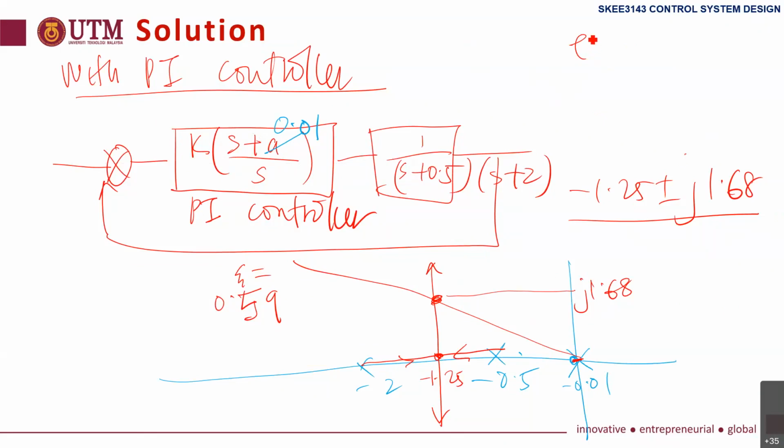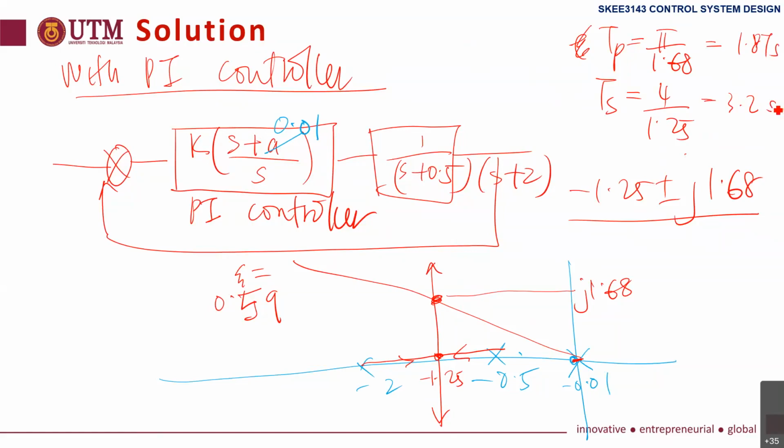You can calculate Tp, pi over 1.68. You can calculate Ts, 4 over 1.25. This will be the same, 3.2 seconds. If you calculate, Tp is 1.87 seconds.